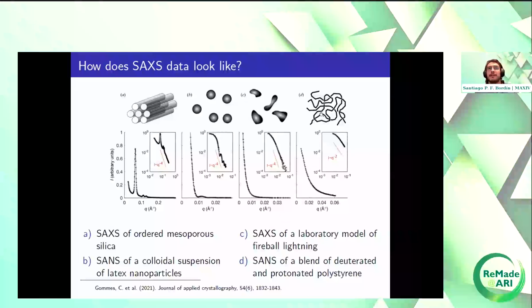And for a random coil of a polymer, we will also have a similar curve, but with a different slope. So from these different graphs, we can get information and start to do our analysis of the data.